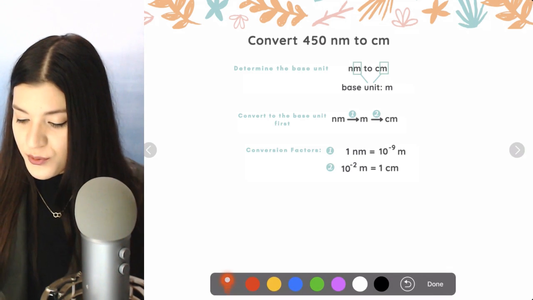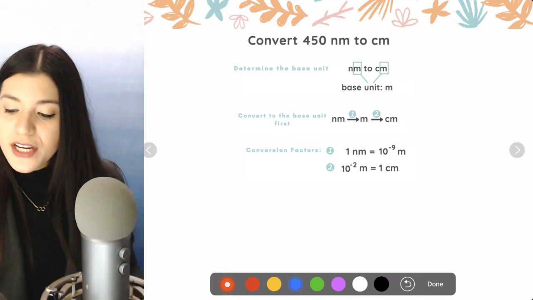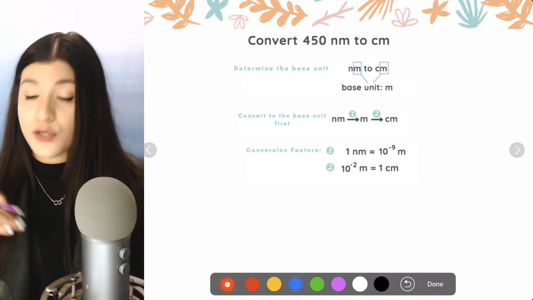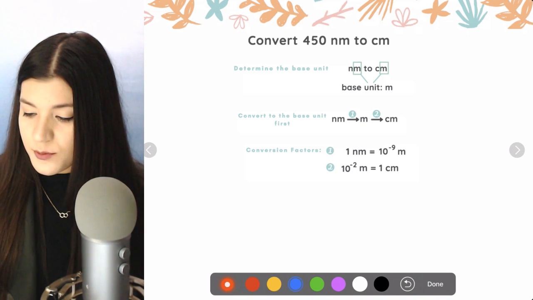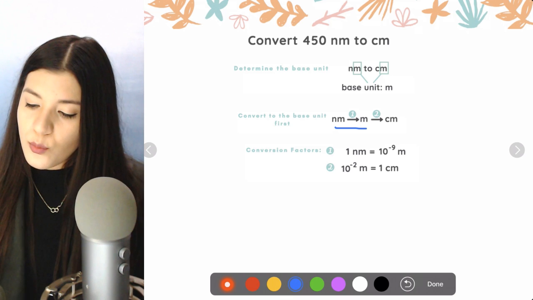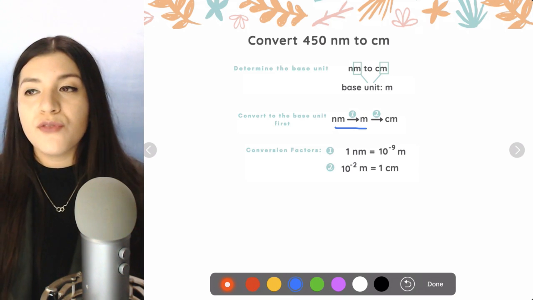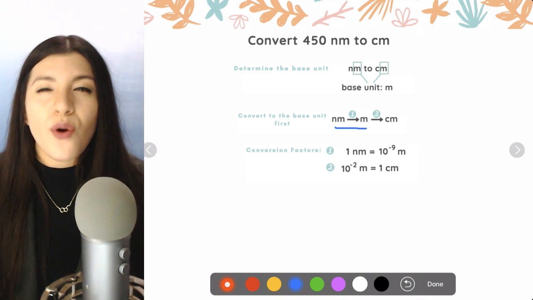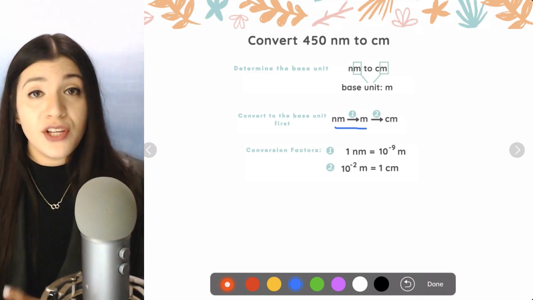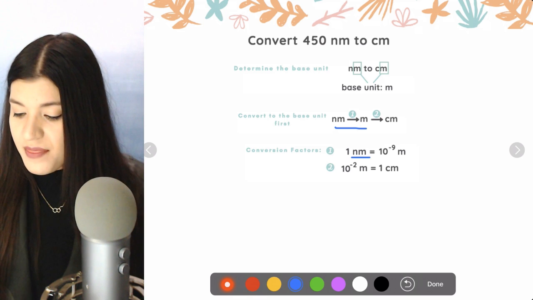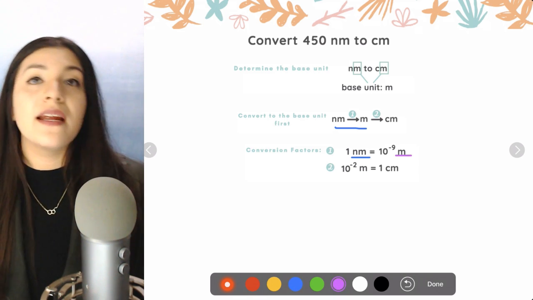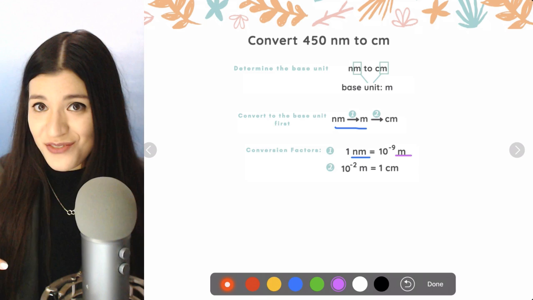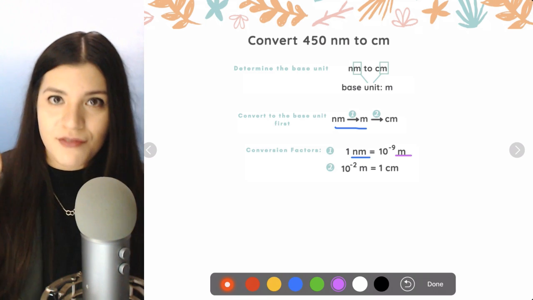Now, I want to show you a trick. You're going to go from nanometers to meters first, right? That's what we stated right here. Now, whenever you're trying to convert, or even identifying what your conversion factors are, you're always going to have your given unit, nanometers, and then that's going to equal a different unit. And then the second conversion factor must equal that different unit, okay?